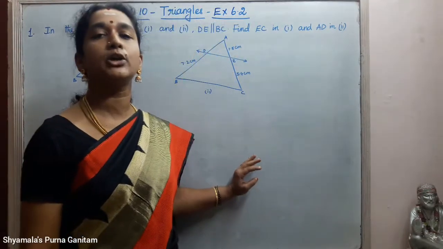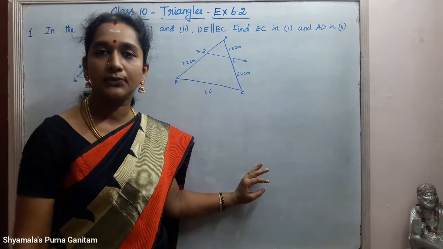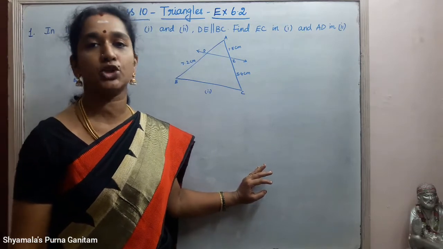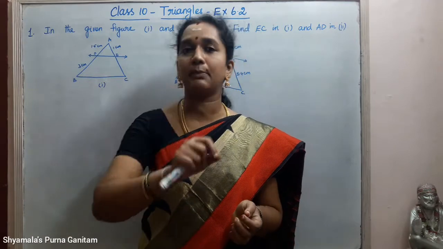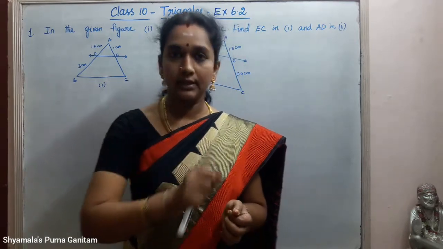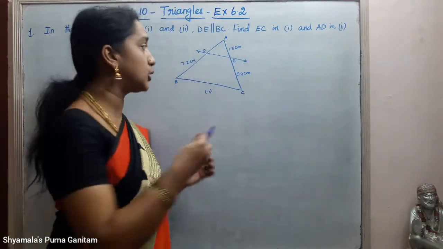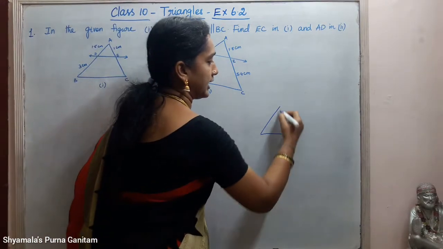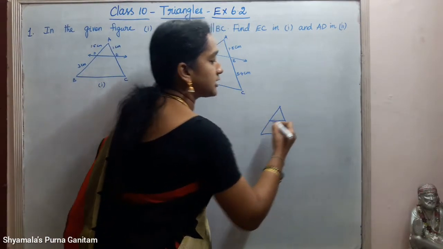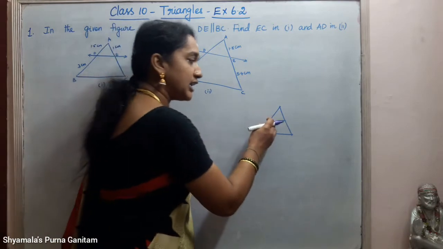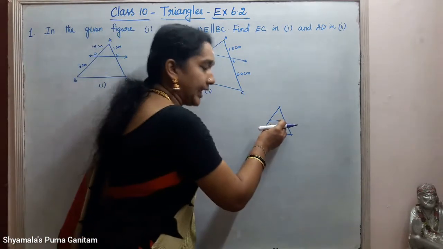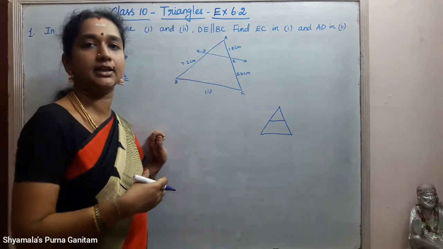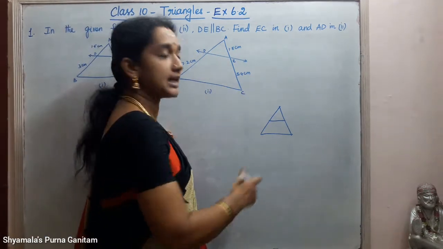This 6.2 is based on the similarity of triangles and the basic proportionality theorem. So what is the basic proportionality theorem? When a line divides any two sides of a triangle, that is, when it is parallel to the other side, then that line divides the given sides in the same ratio.